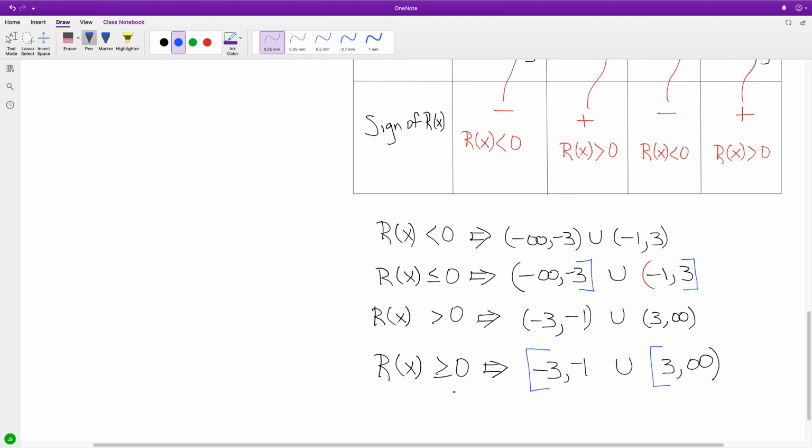In spite of the equal sign, -1 is not in the domain since that value causes the denominator to be equal to 0, which is not allowed in the real number system. These are the respective solutions we will have for R of x: less than 0, less than or equal to 0, greater than 0, and also greater than or equal to 0.